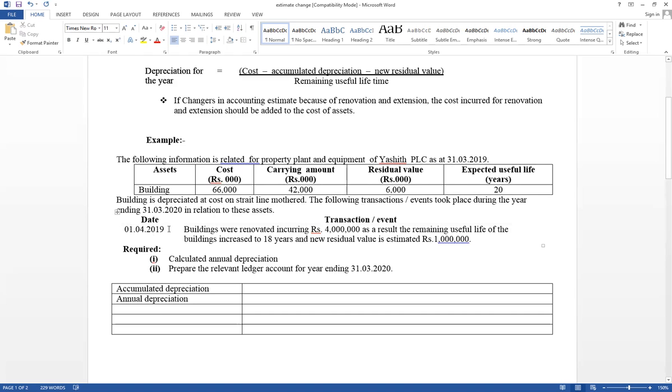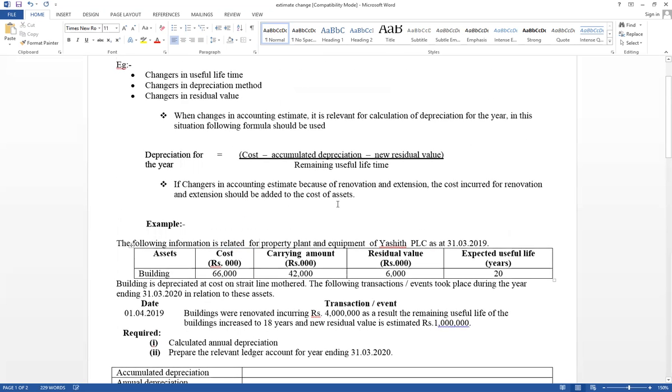Beginning of the year, 1st April 19, building was renovated incurring 4 million. As a result, the remaining useful lifetime of building increased to 18 years, and new residual value also is estimated 1 million. Think about residual value also change, and lifetime also change, estimate change.